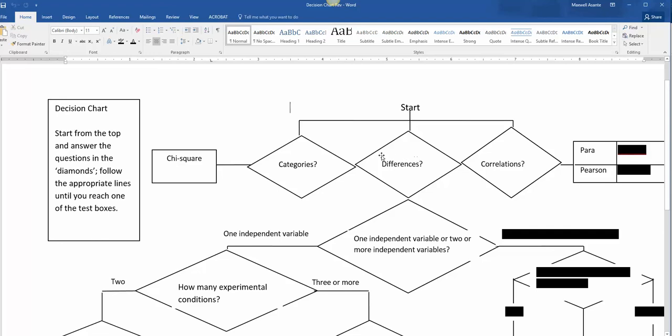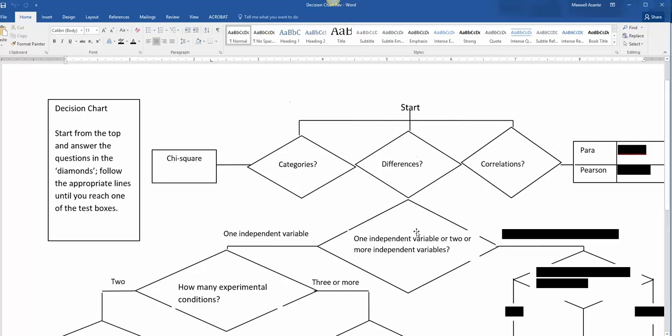But for the most part, we will be looking at differences in the performance under some conditions that individuals have been exposed to. There could be the same individuals being exposed to the conditions or different individuals being exposed to the conditions.